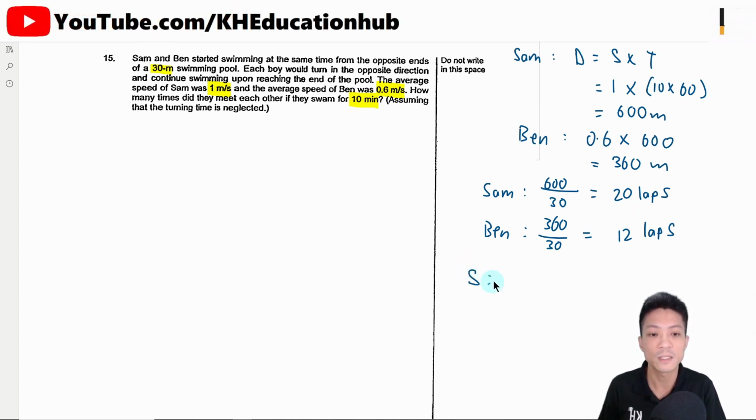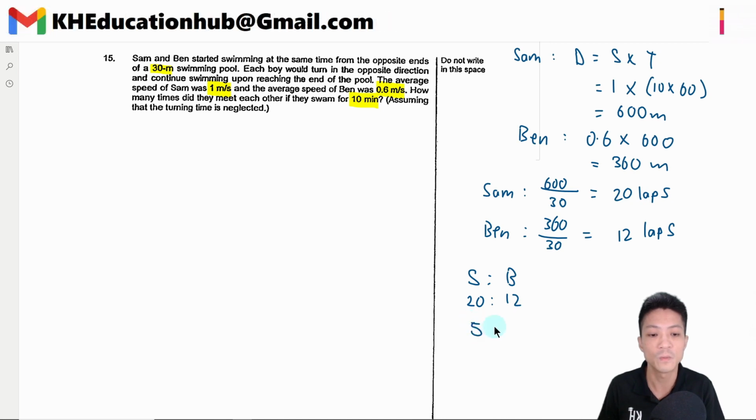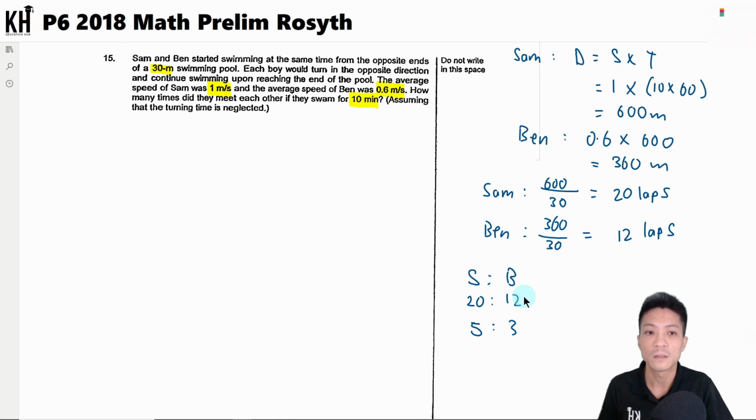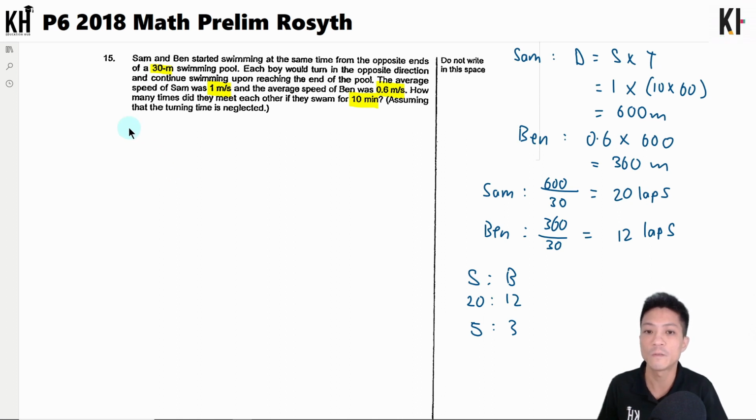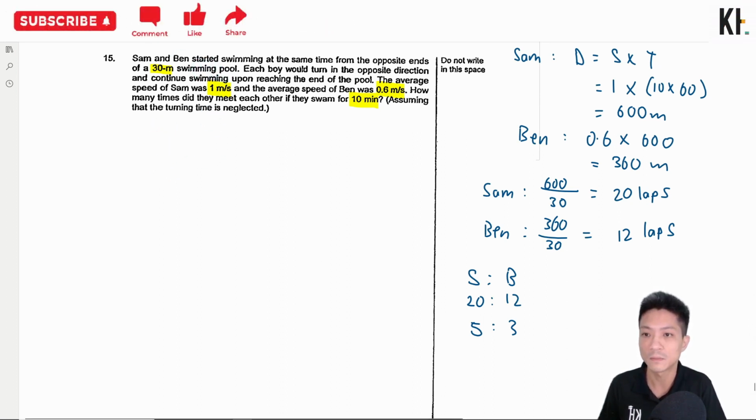That means S is to B, 20 is to 12, in simplest form will be 5 is to 3. So I'm going to draw out all the laps, and we're going to find out how many times they're going to meet each other.